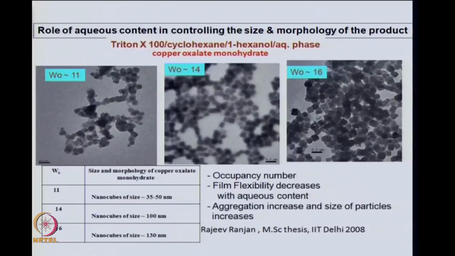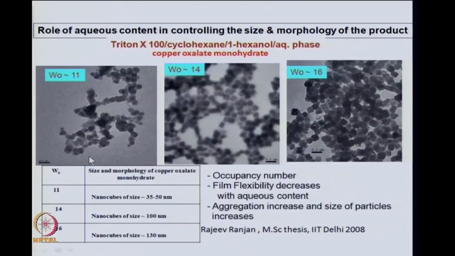Now, you can further see this in the case of another surfactant, other than CTAB. If you use another surfactant like Triton X100 and you vary the W naught parameter from 11, 14 to 16.